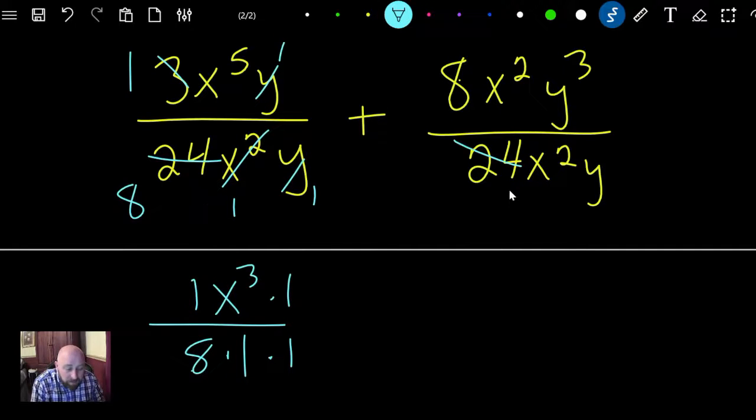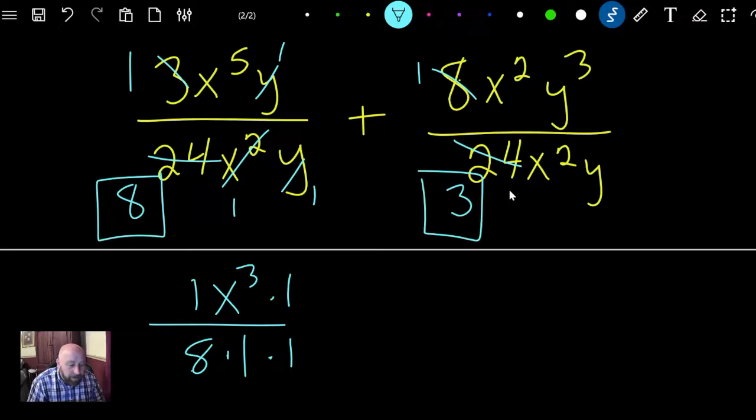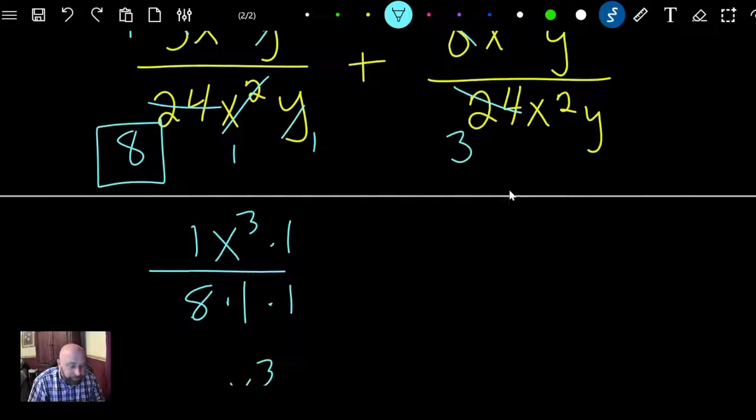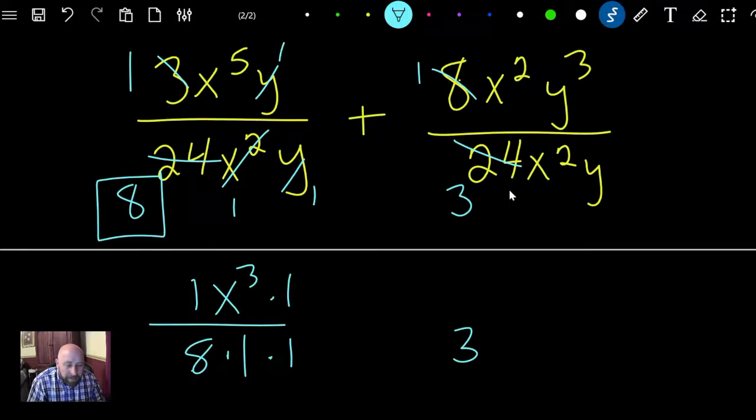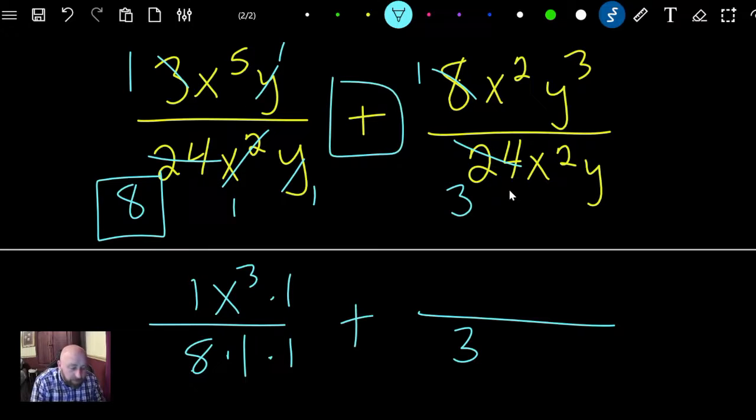When we cancel here, we get 8 goes into 24 3 times. So our denominator over here was 8, and our denominator over here is 3. So that's a problem. So we put our 3 here, and we can't combine those fractions because we have a different denominator. So we'll put this plus sign in between them, right? And then we'll just kind of cancel it out.